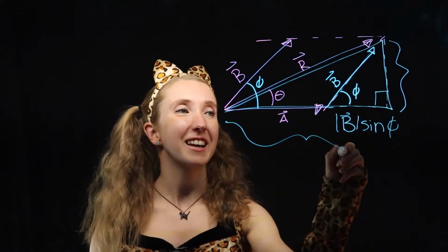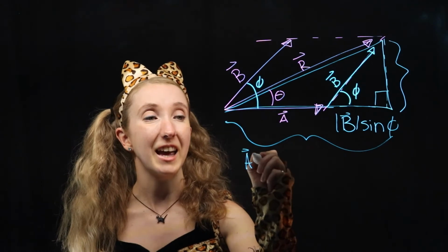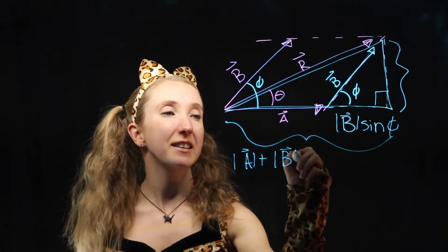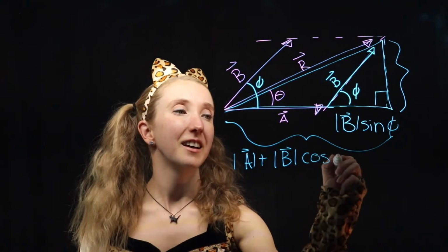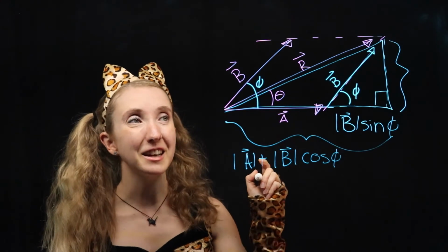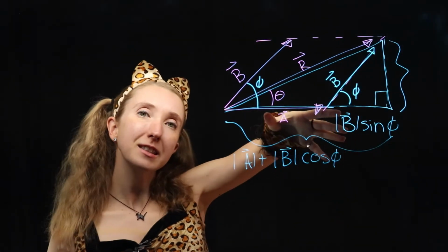And this side length is equal to the magnitude of our vector A plus the magnitude of our vector B times the cosine of phi. Now we know the tangent of our angle theta would be equal to this side over this side.